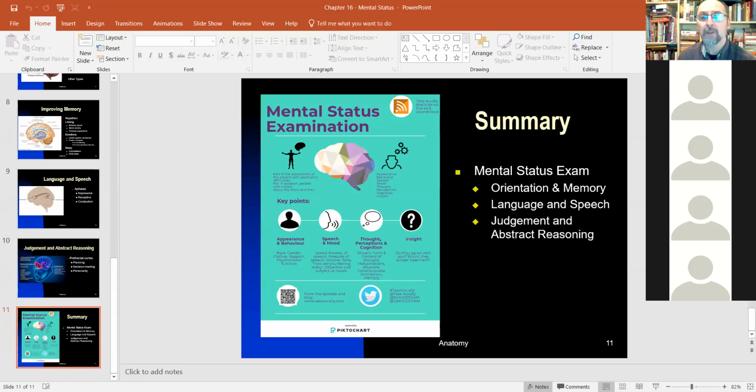That's a really important thing that we're looking at: orientation, memory, language, speech, judgment, and abstract reasoning. Okay, so next time we'll go over other parts of the neurological exam, but for now the mental status exam is our big thing.